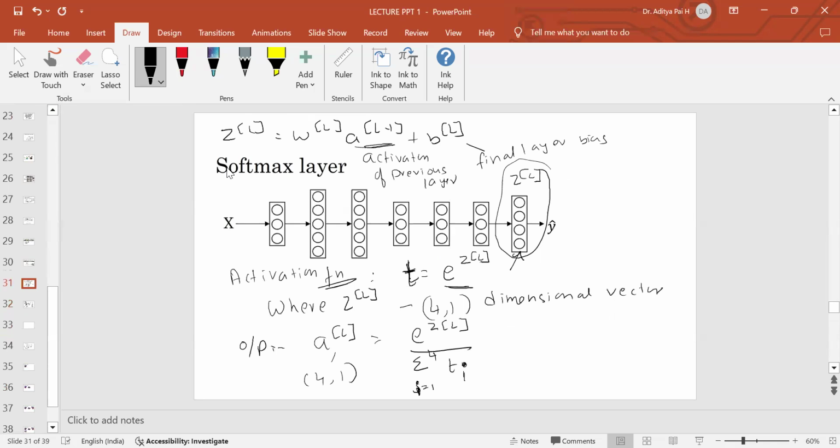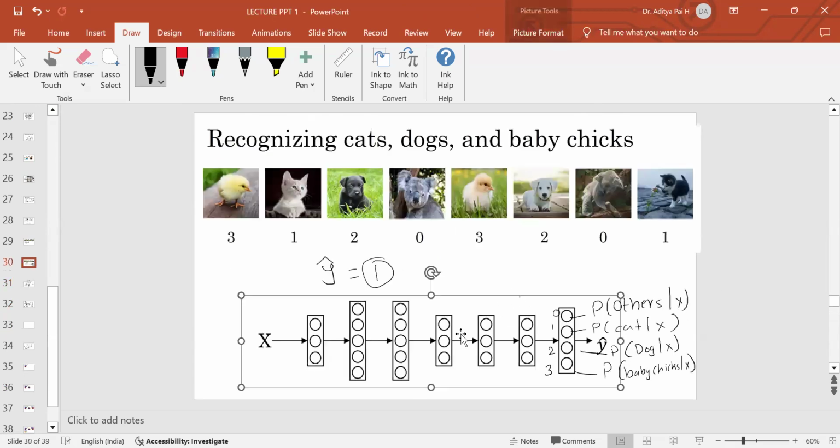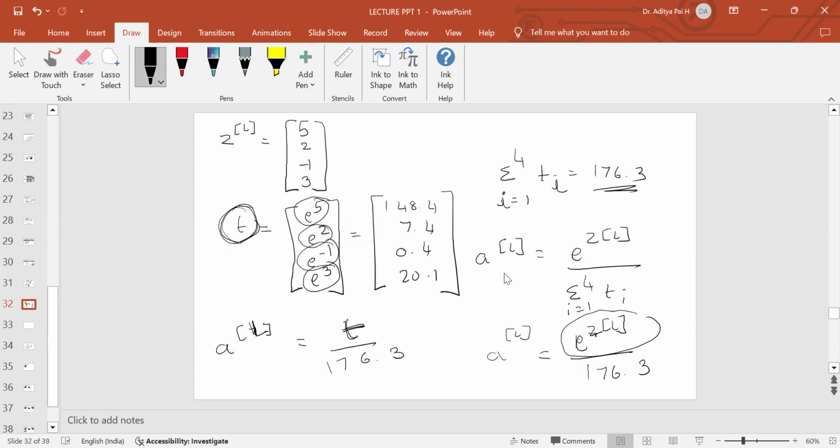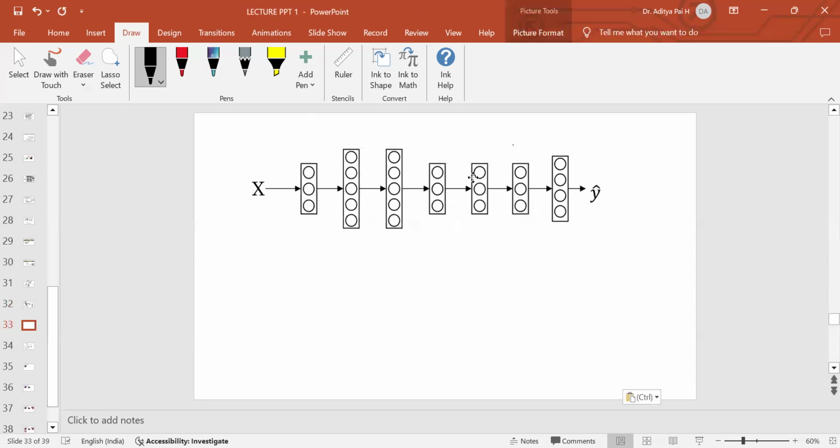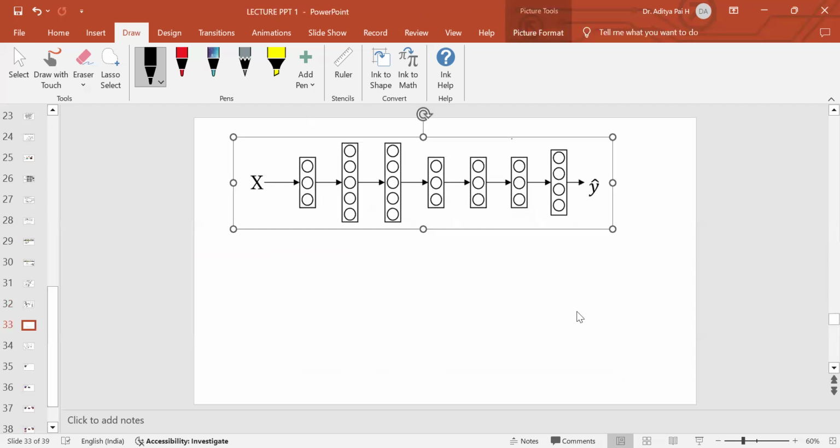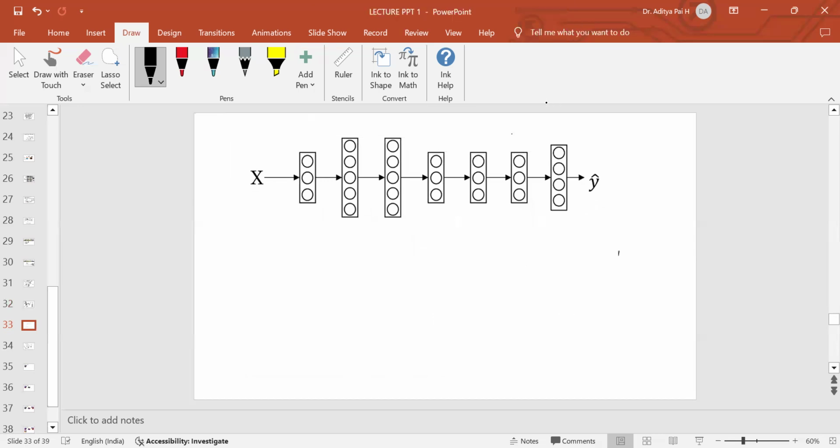So this is the formula, and I am revisiting it. What I am finding out here is A of L, which is equal to the T value divided by the summation of the T values, which is 176.3.